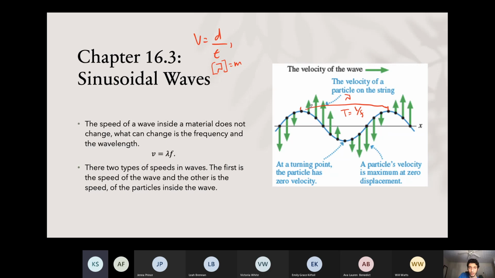That's why over time the particles along the line have increasing velocity upwards. But at the top, you've reached the max. You're not going up anywhere, so you don't have any speed there. The crest and the trough are the turning points. That's why the velocity is 0.